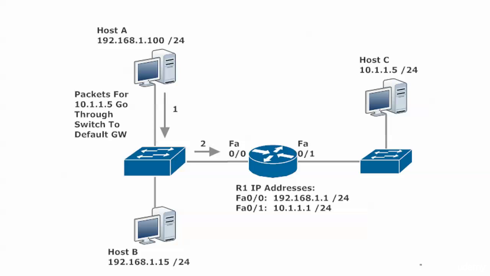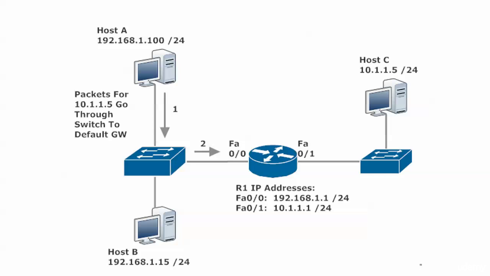Because host A is looking at this and saying, packets for 10.1.1.5, I don't know where to send those. So what the host does in that situation is send the packets to its default gateway, which we saw in the IP config output was 192.168.1.1, which happens to be the fast Ethernet interface that's on that side of the router facing that particular host.